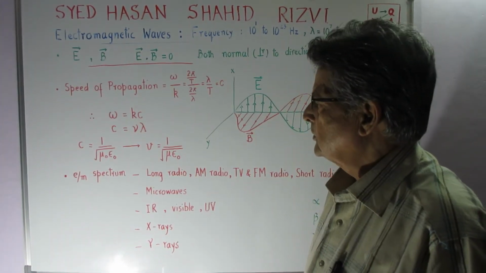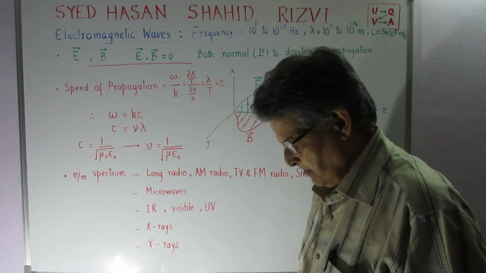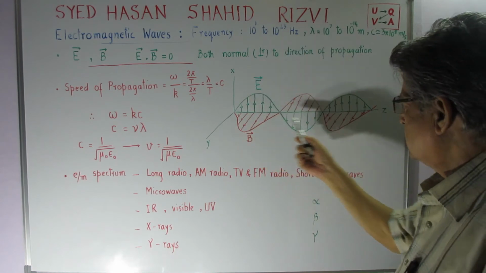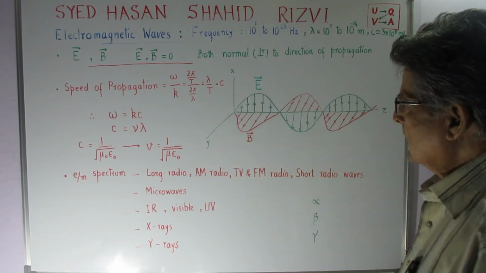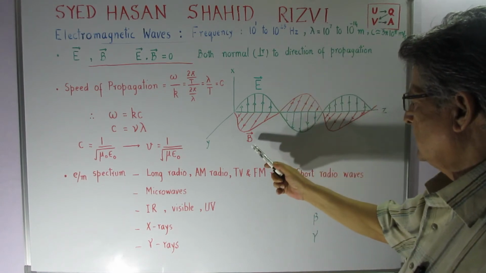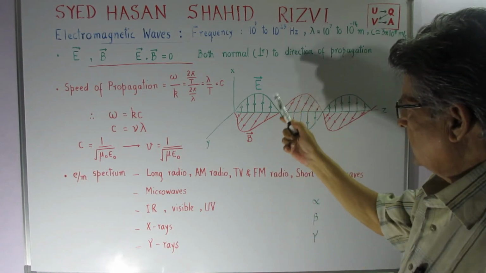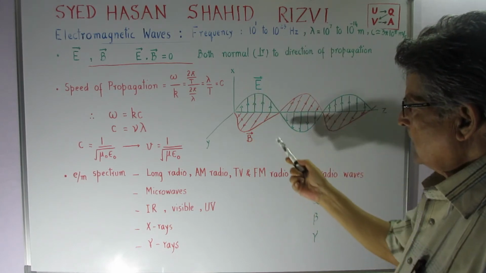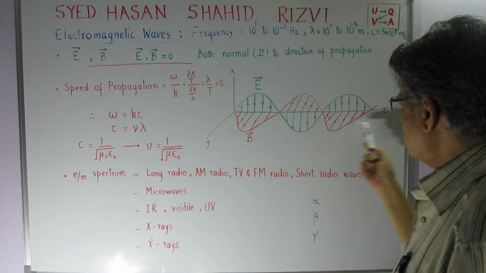So to prolong the discussion, I have just tried to give you a schematic of the variation of the electric field and the magnetic field. The electric field varies in the XZ plane and the magnetic field in the YZ plane.